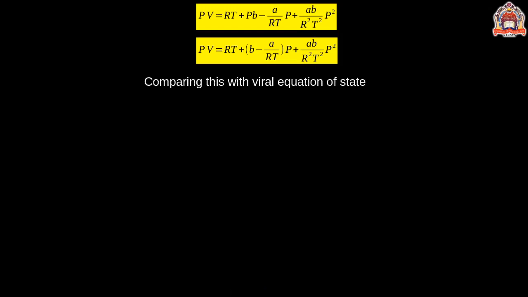Comparing this with the virial equation of state. The virial equation is nothing but PV is equal to A plus BP plus CP square plus DP cube and so on. Just compare it.